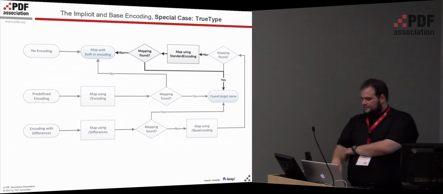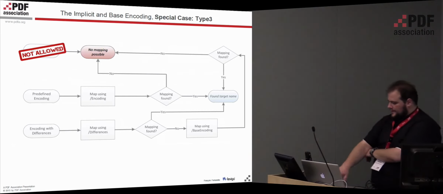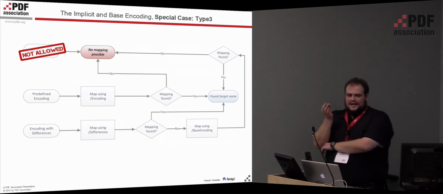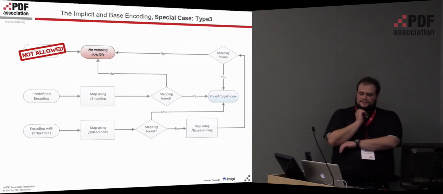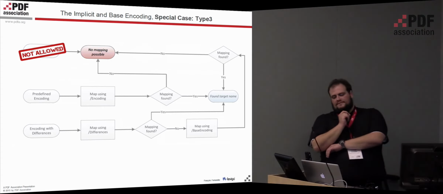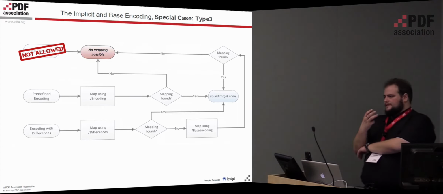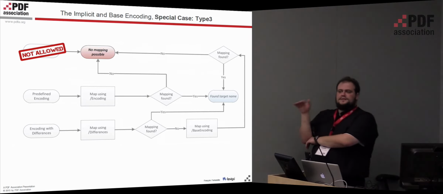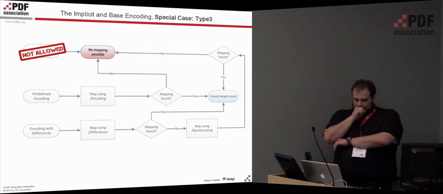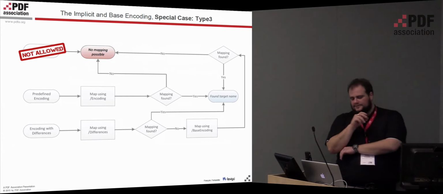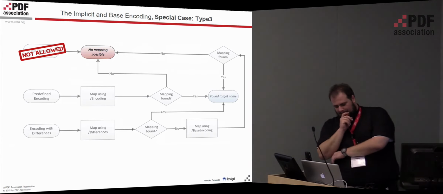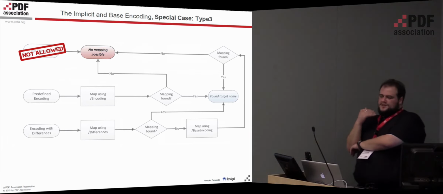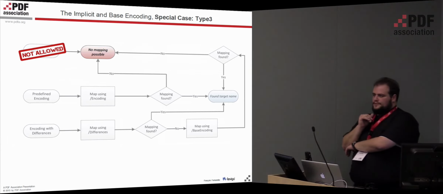If not, again, using the built-in encoding. Type 3? Well, obviously, as the encoding is 100% driven by the PDF structure itself, a Type 3 font always has a differences encoding. No, it doesn't have to, but in most cases it's actually happening. But if there's no encoding specified, it is not possible to do any kind of glyph lookup.